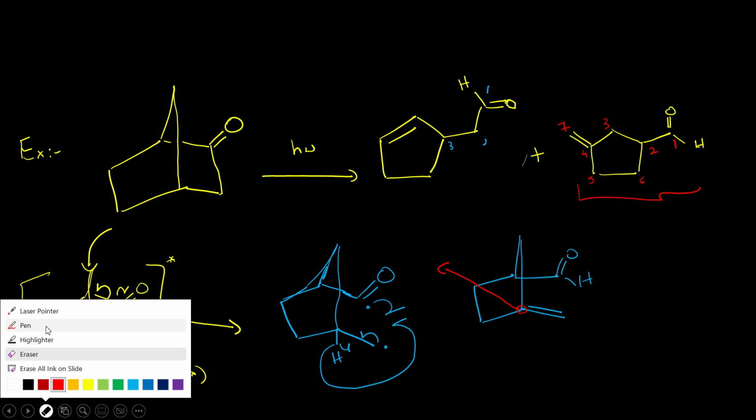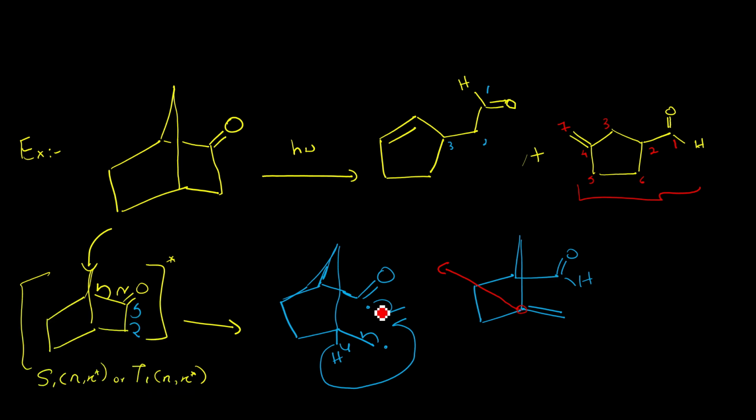Wait a minute, I will number the carbons so you can understand it very quickly. So here we have 1 and 2, and this is 6, and this is the 5, and this is the 4, and this is the 3, and this is the 7.